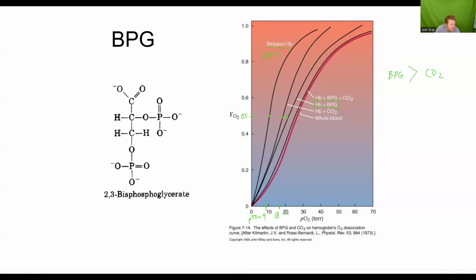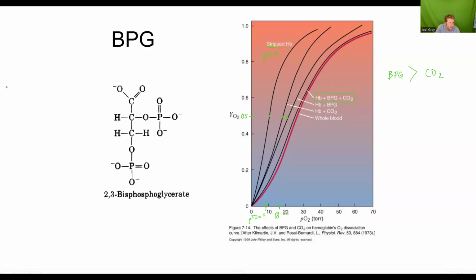Now, the last line that I want to highlight is this black line, which corresponds to hemoglobin plus BPG plus CO2. So there, effectively, we have a system where we're trying to reconstruct everything that makes up what's in the bloodstream.